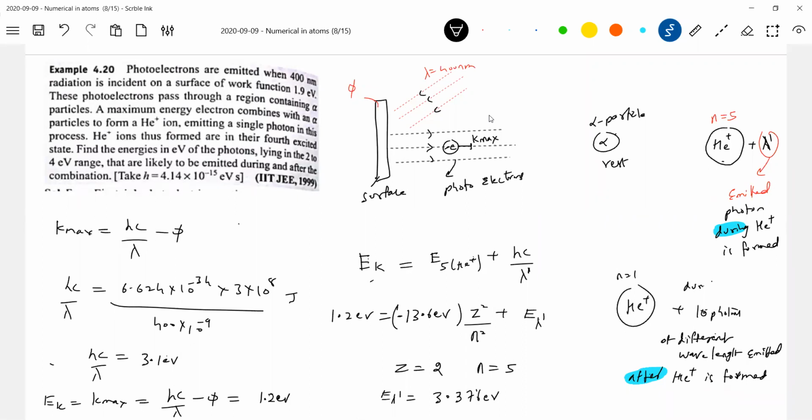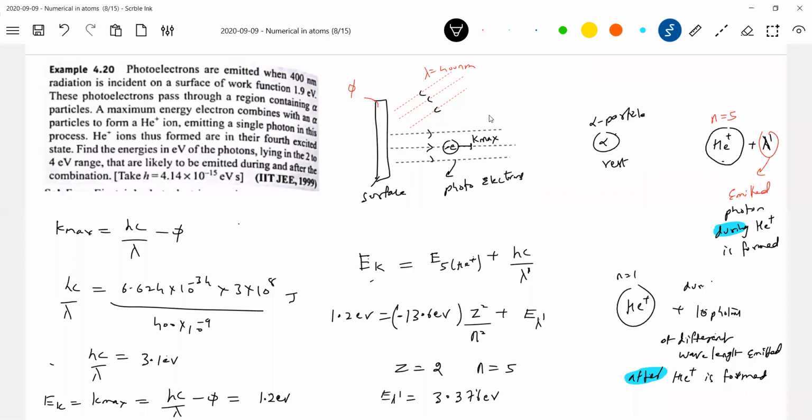After this, again you have to check if there are any photons which will lie in this region because of de-excitation. For that, there's no other way. If you have the energy level diagram of helium plus, then you can manage.